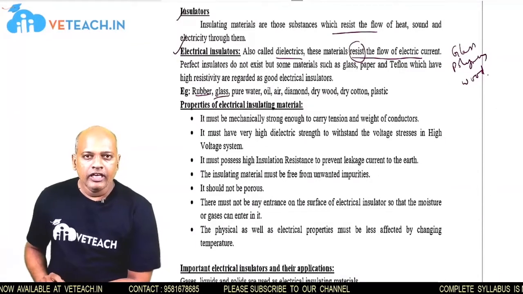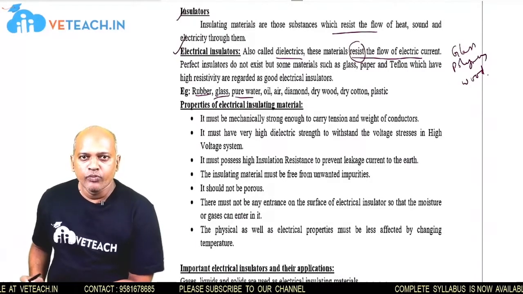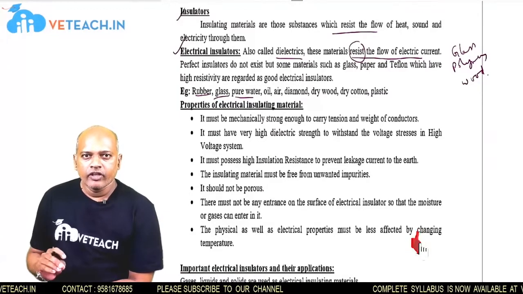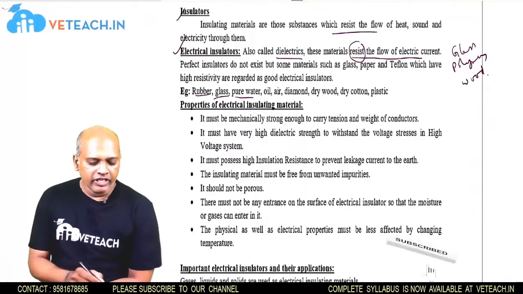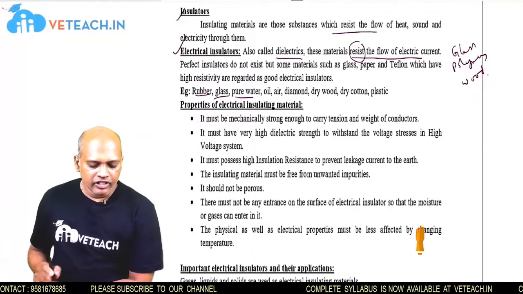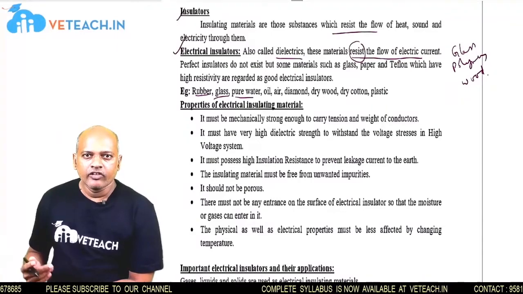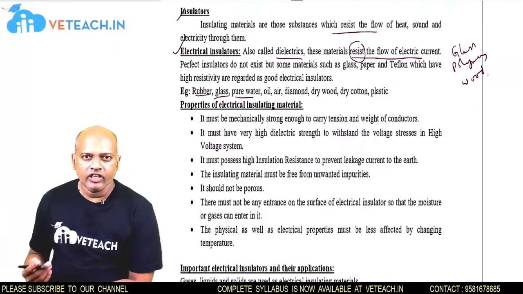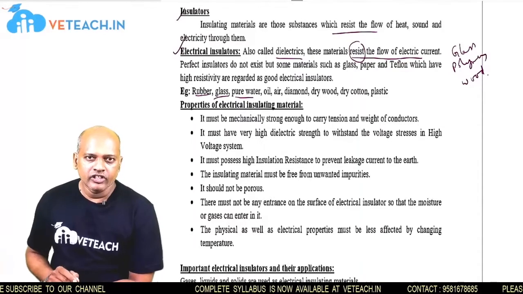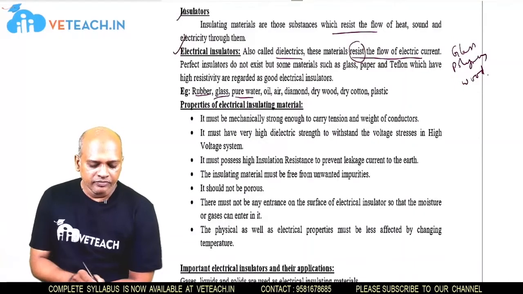Glass materials, and pure water which doesn't have any impurities, having a perfect pH value of 7, also act as electrical insulators. If it contains any impurities like electrolytes or NaCl or some other salts, it cannot act as an insulator.